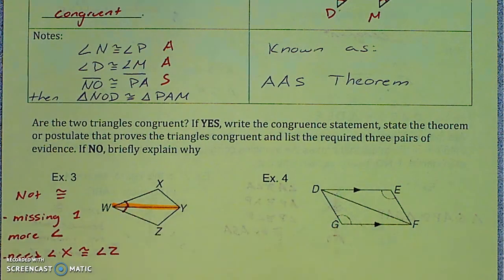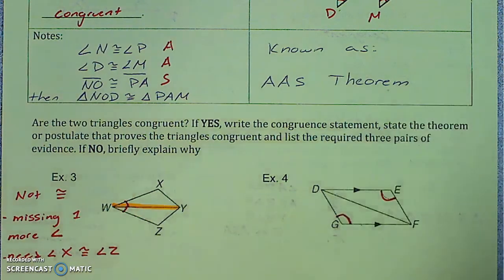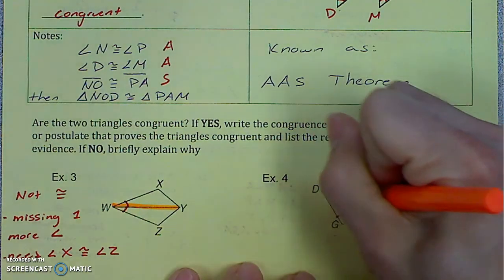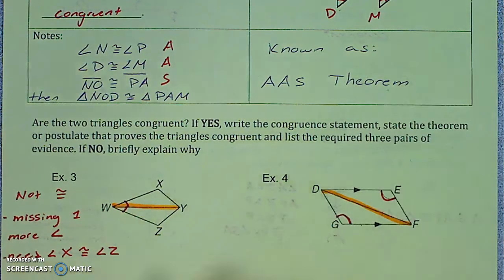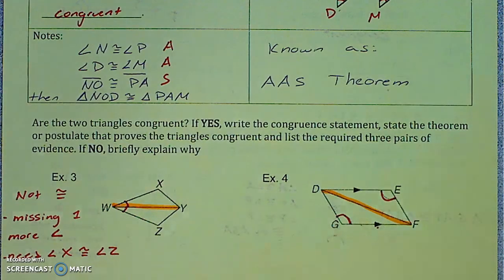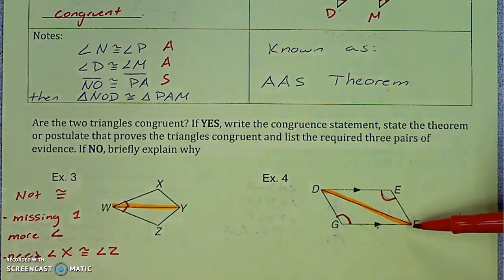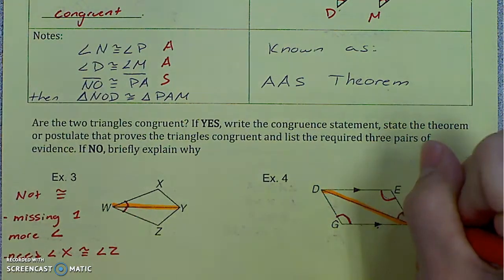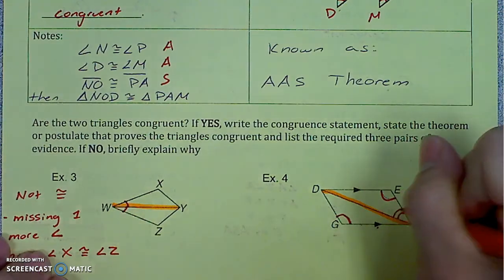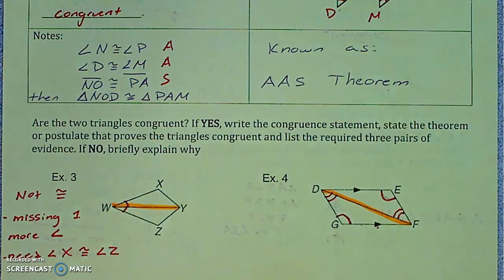But now let's look at example 4. We have this angle here that is congruent. We have this side here. Now if we recall, these arrows here mean that the lines are parallel. Remember, parallel lines cut by a transversal. So I'm going to pick an angle here. This one will be congruent to this one by alternate interior angles.